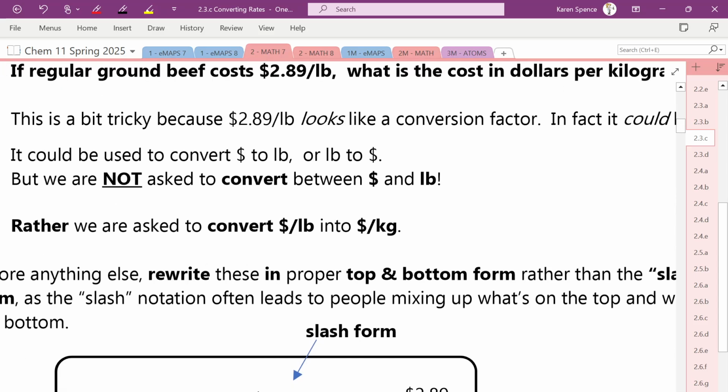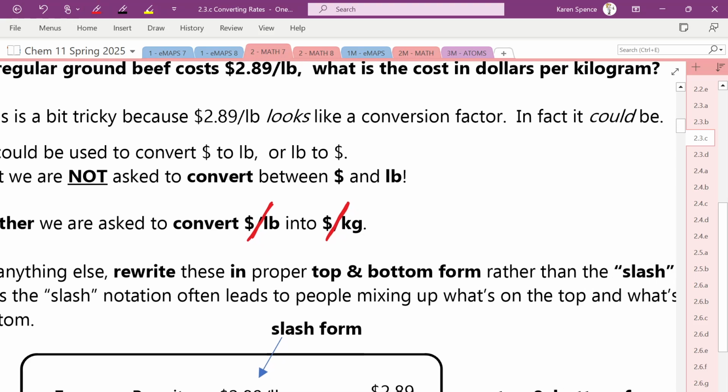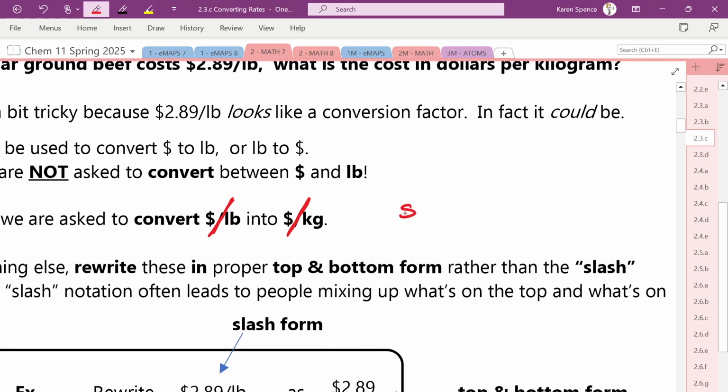First thing, anytime you see this, don't leave it like that. Change it into dollars over pounds, because remember, what does per mean? Per means divided by.